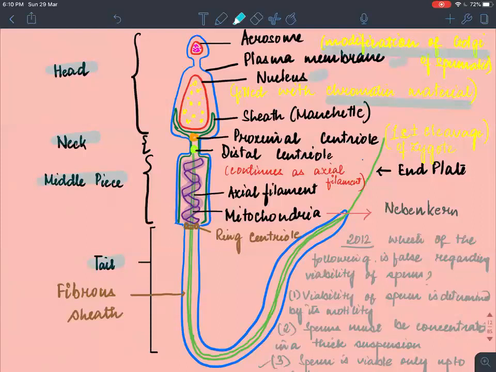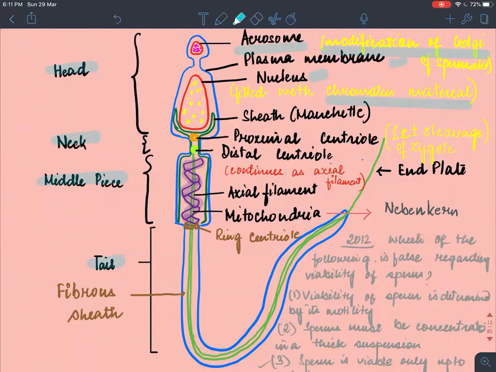The Golgi body only gives rise to lysosomes, and all those lysosomal enzymes are found in this acrosome, and these lysosomal enzymes actually help in fusion of the sperm cell with the egg cell during the process of fertilization.